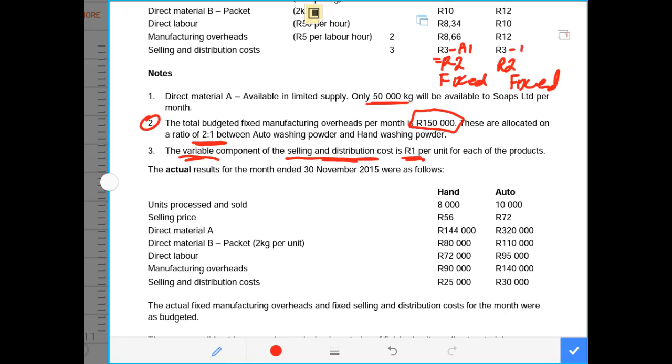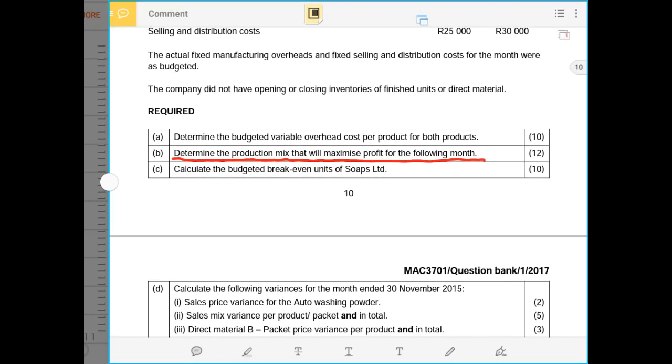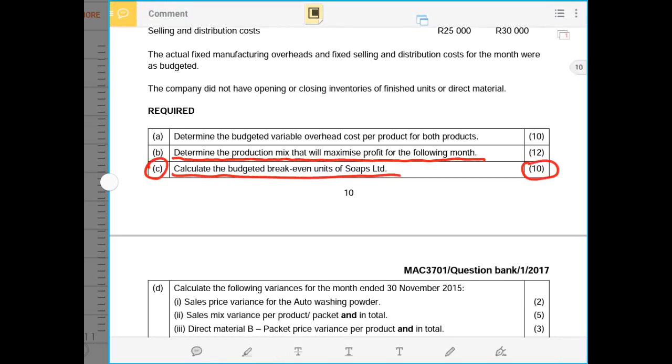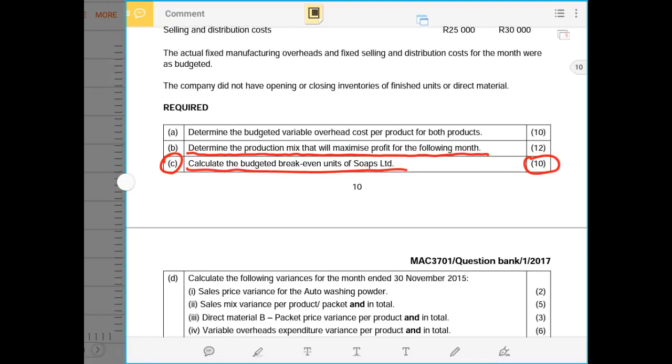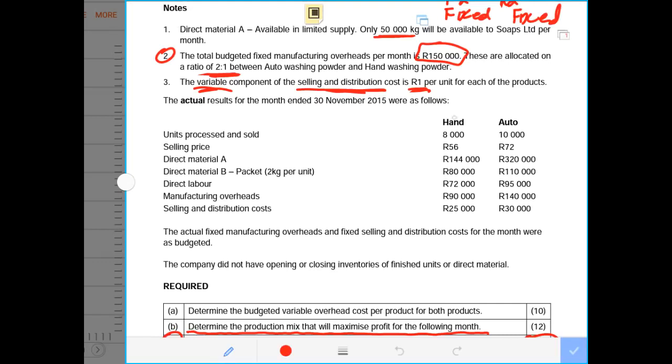Then we proceed to the next requirement. It says calculate the break-even point in units of SOAP LTD, and that is also another 10 marks. So in calculating the fixed cost, in the case where there are 2 products provided in your scenario, which are hand and auto, we need the production mix.